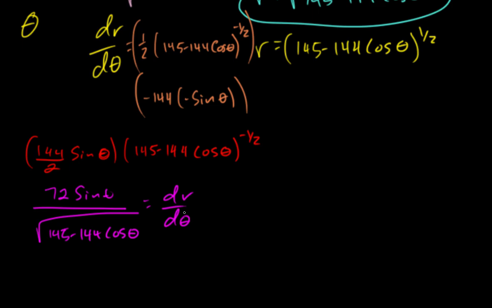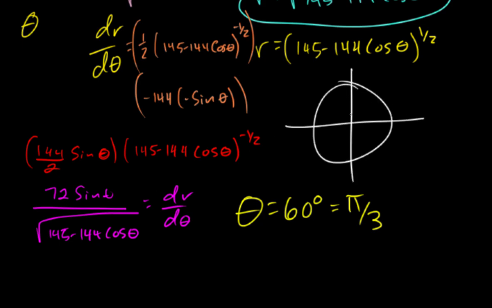Okay. Now they want us to look at this when theta is equal to 60 degrees. 60 degrees is the same thing as pi thirds. If we look at our unit circle, pi thirds is the third tick mark right here, and sine is square root of 3 halves.